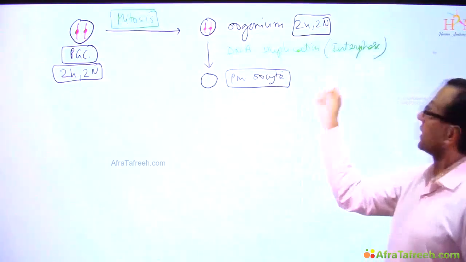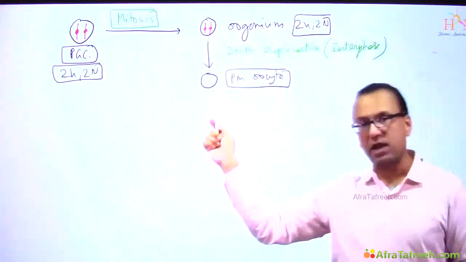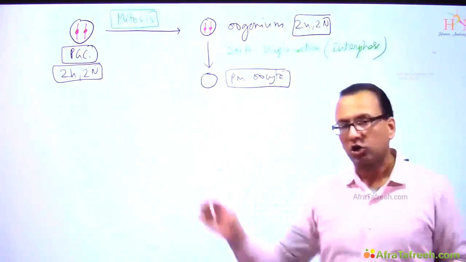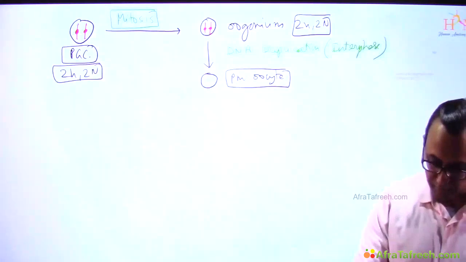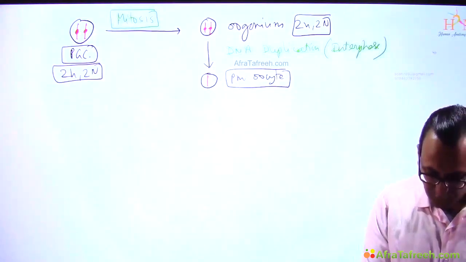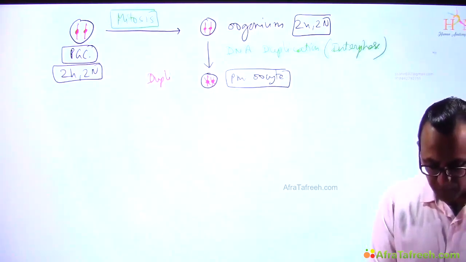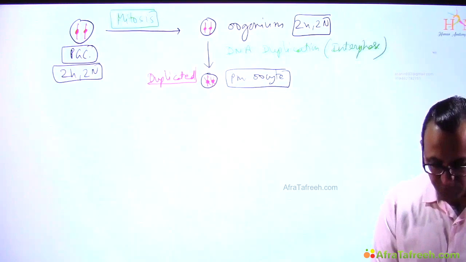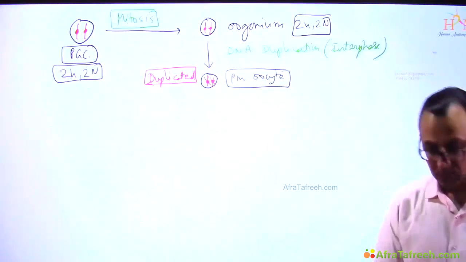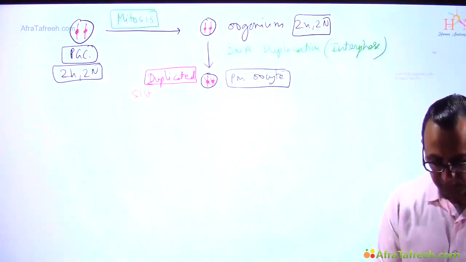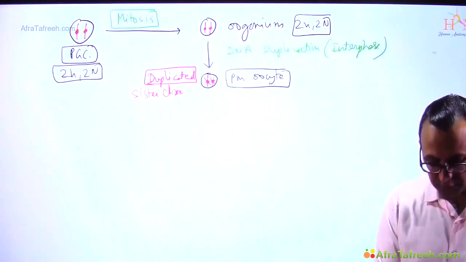So during the resting stage interphase, there will be DNA duplication, and now you'll have duplicated chromosomes. You can mention them here. Now we are going to have duplicated chromosomes. If you say these are duplicated chromosomes, you mean to say there'll be sister chromatids now? Yes, they are called sister chromatids.